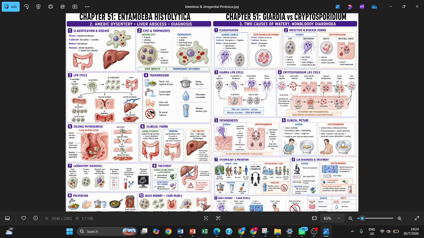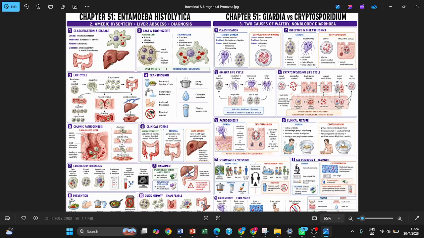So you ingest the cyst, and then you go through an excystation phase. First, the cyst has got four nuclei. The nuclei divide, so you have a trophozoite with eight nuclei, and then that trophozoite will divide into eight trophozoites. The pathogenic property of Entamoeba histolytica is that it invades.